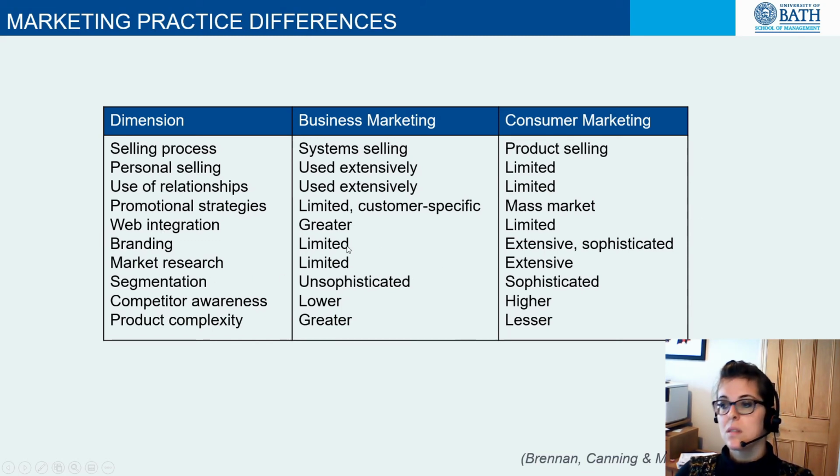And whilst Brennan, Canning and McDowell feel that branding is limited, it's not inconsequential. So you still have to do brand building. Okay, if you look at Byron Sharp's work, How Brands Grow, and Les Binet, The Long and the Short of It, I mentioned it in the first and second lecture.